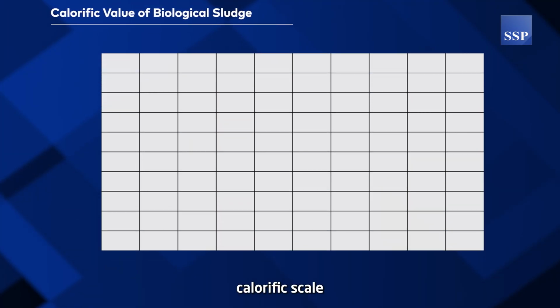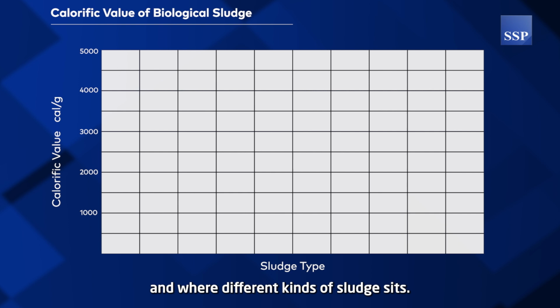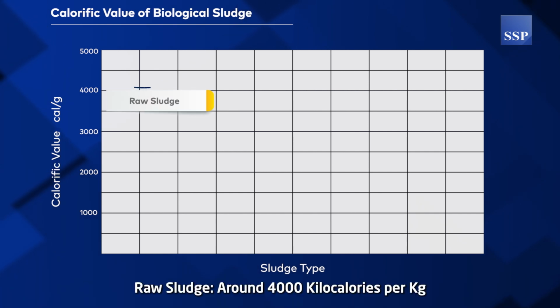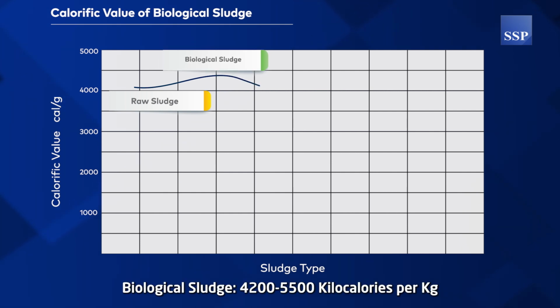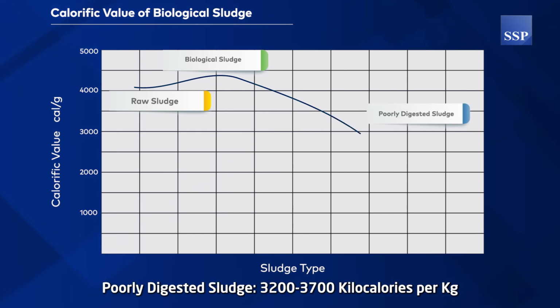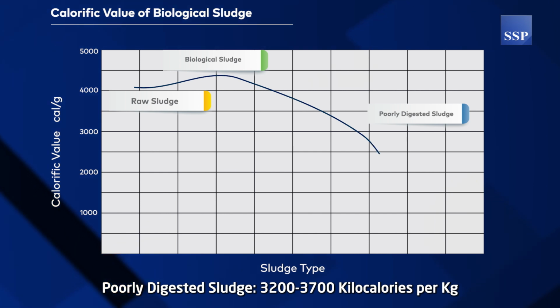Let's look at the calorific scale and where different kinds of sludge sit. Raw sludge, around 4,000 kilocalories per kg. Biological sludge, 4,200 to 5,500 kilocalories per kg. Poorly digested sludge, 3,200 to 3,700 kilocalories per kg.